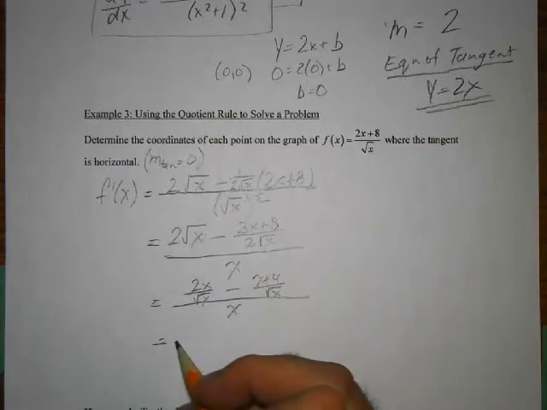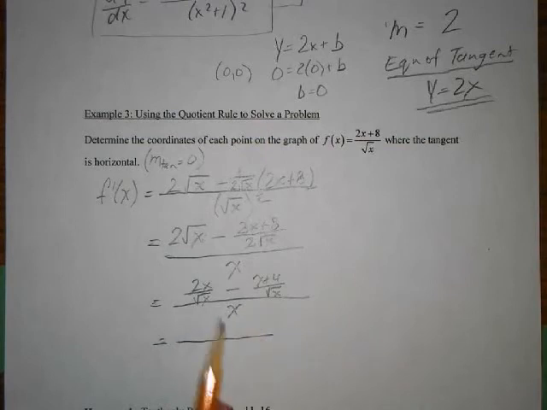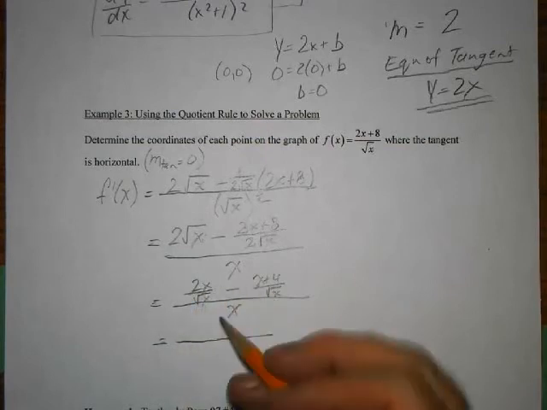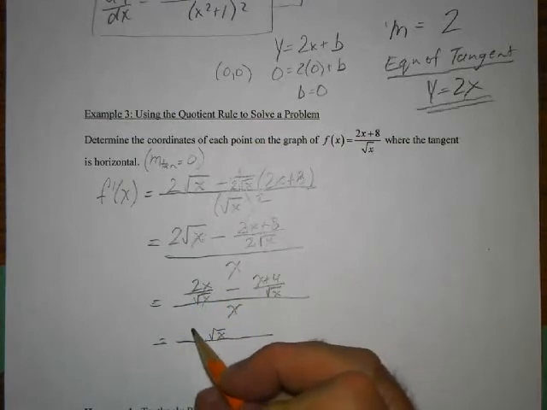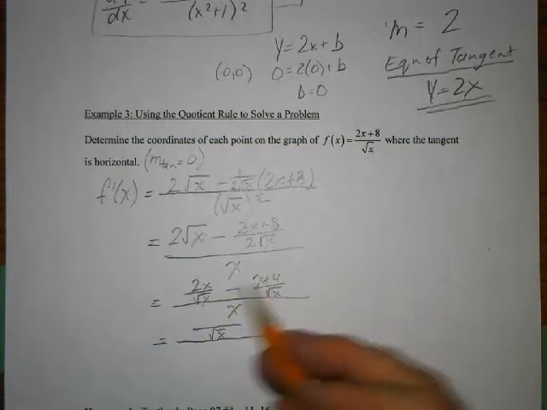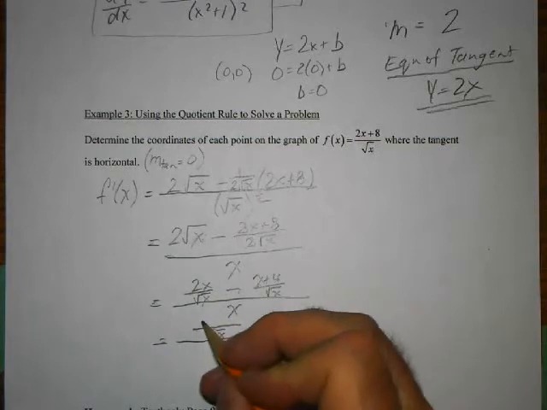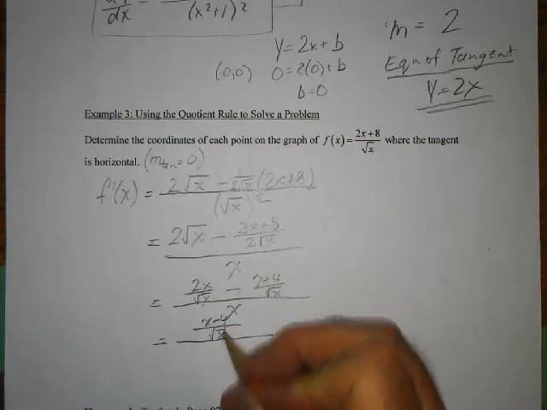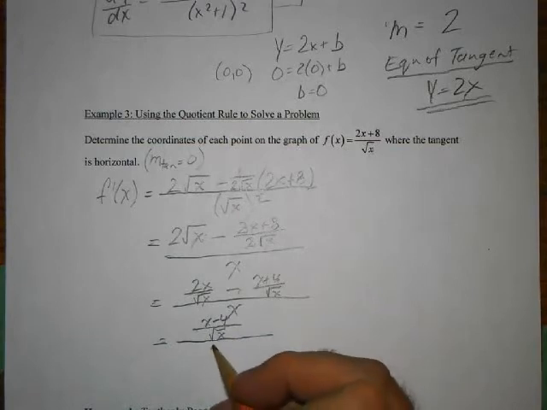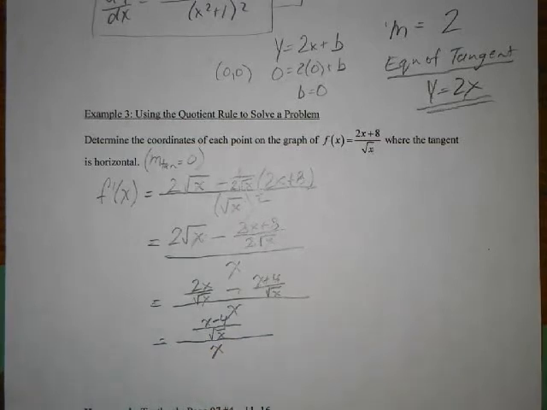And then if you just read across the top, I'm going to have 2x minus x, so that's x, and then minus 4, don't forget you're subtracting the 4, so that's going to simplify to x minus 4 over root x, all over x.